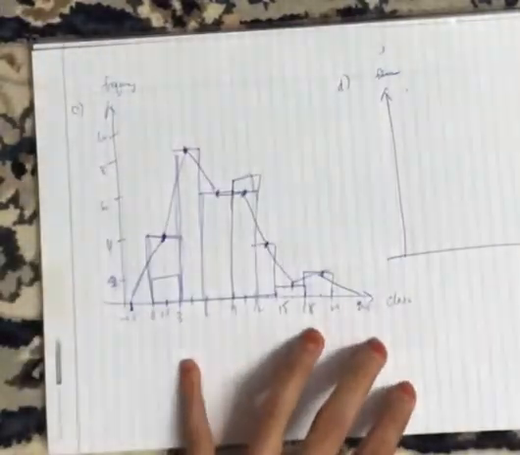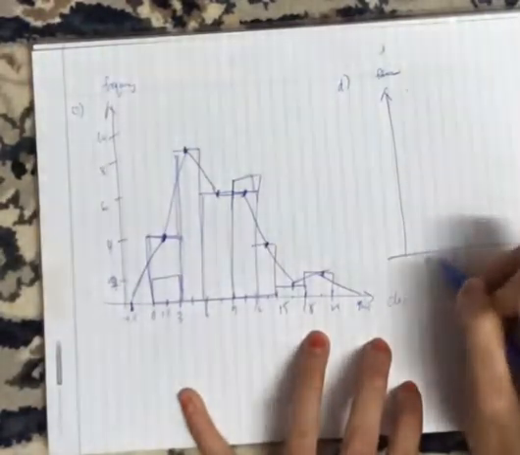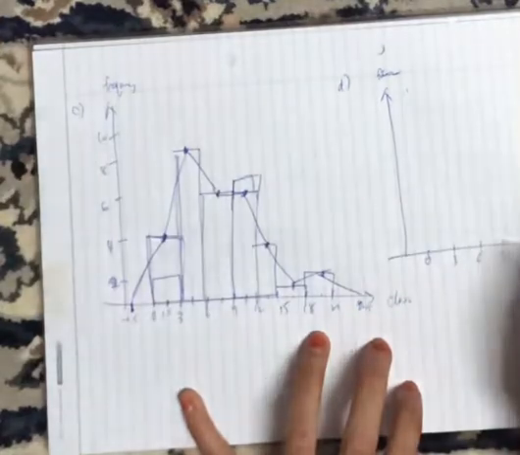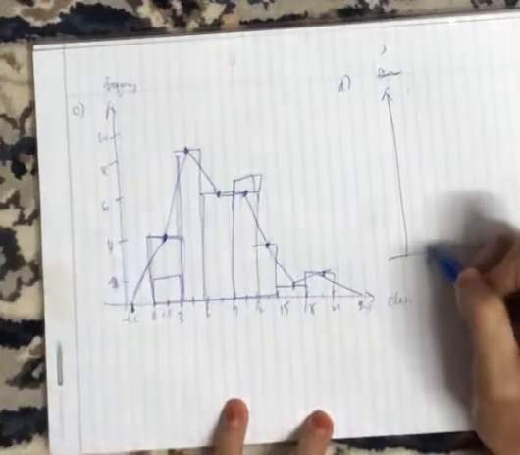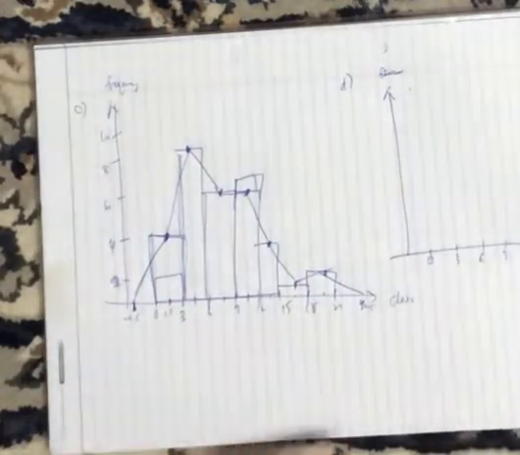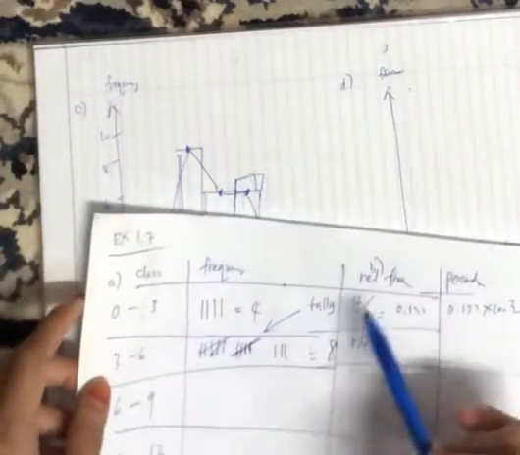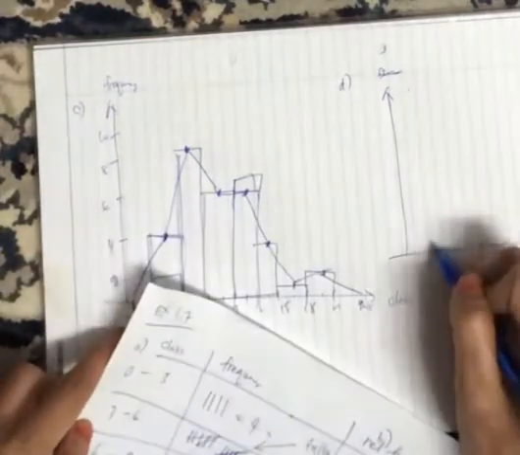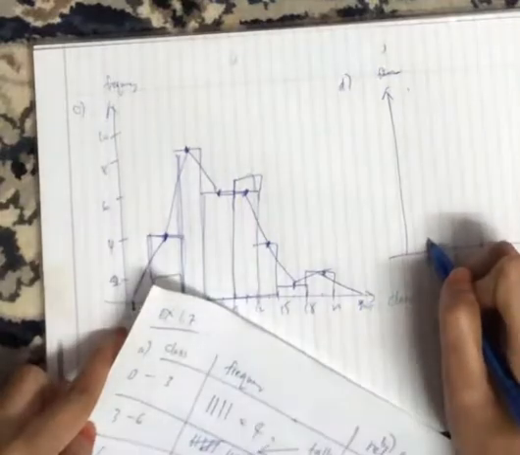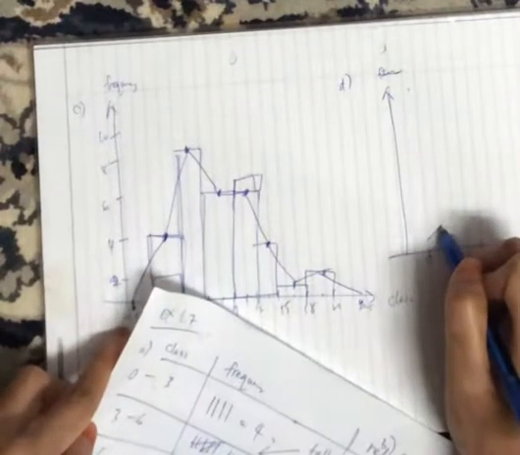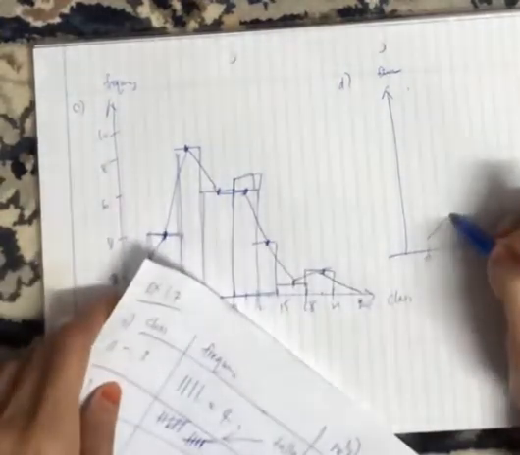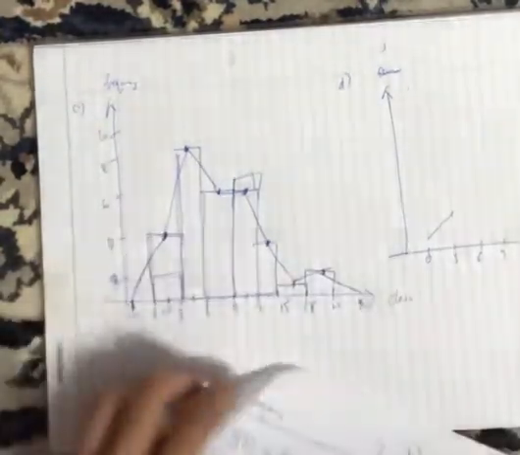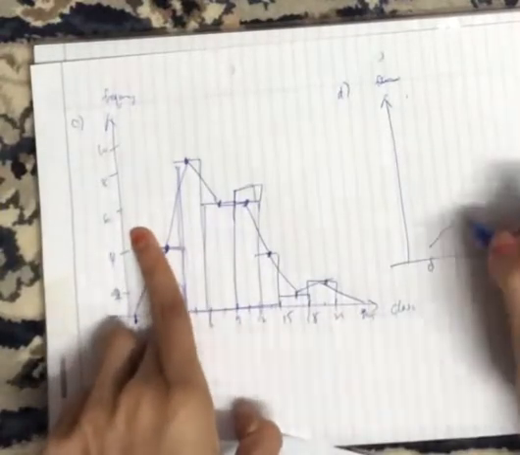So, okay, 0, 3, 6, 9, 12, 15, 18. For 0 until 3, it will be 4. So maybe somewhere here, 4. And then it will continue. 4 plus 8 will be 12. And then 8 plus 6.